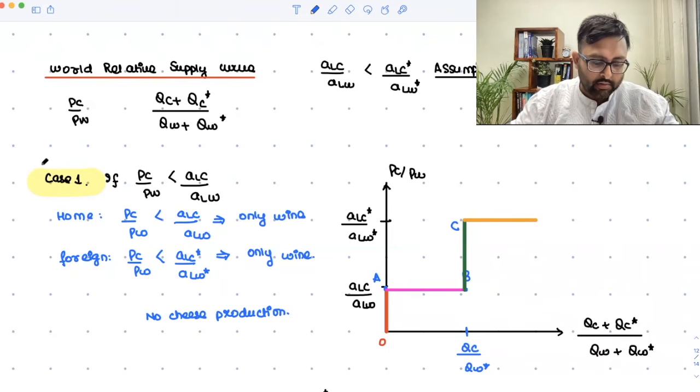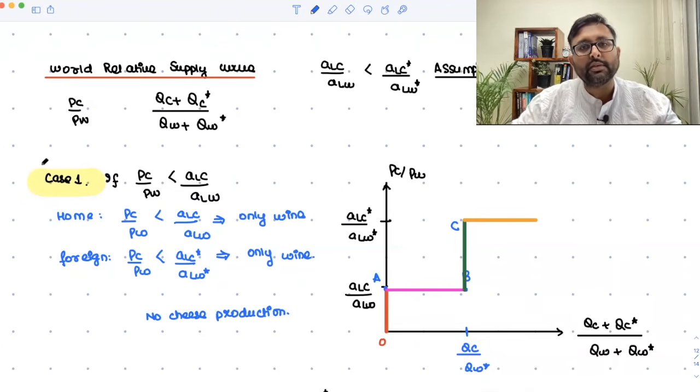The downward sloping relative demand curve is reflecting the substitution effect: if PC by PW increases, it means relatively cheese has become expensive. So when cheese has become relatively expensive, you should be consuming less of cheese. That means the relative demand curve is downward sloping.